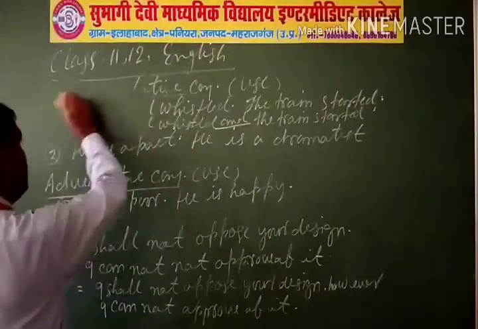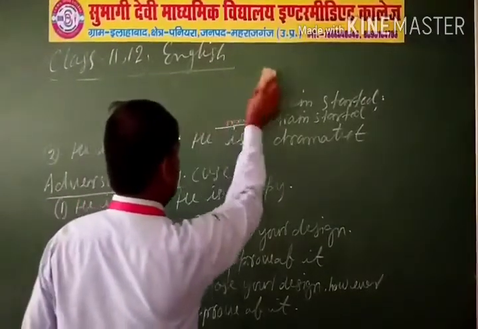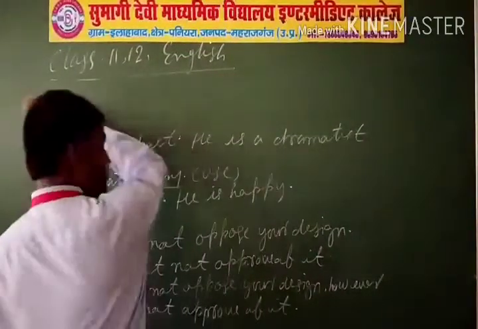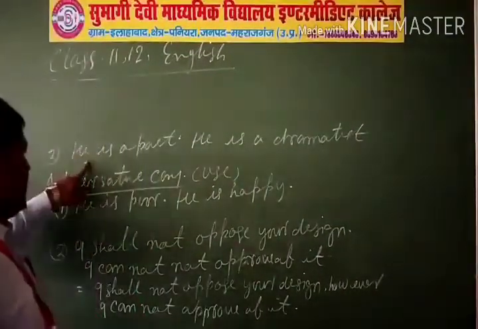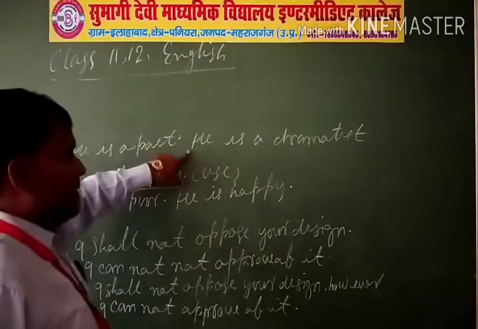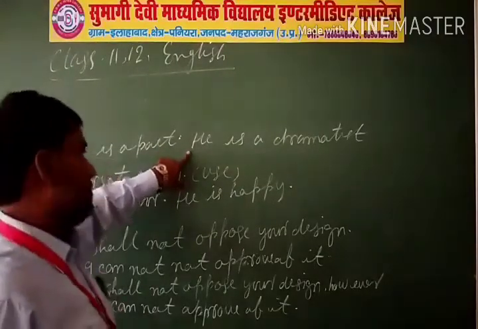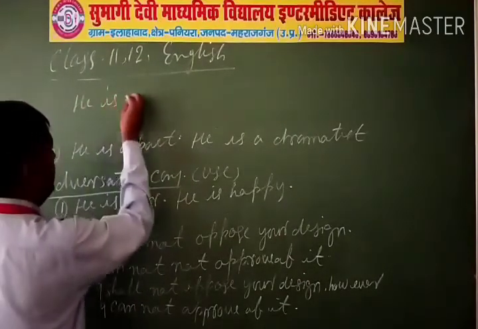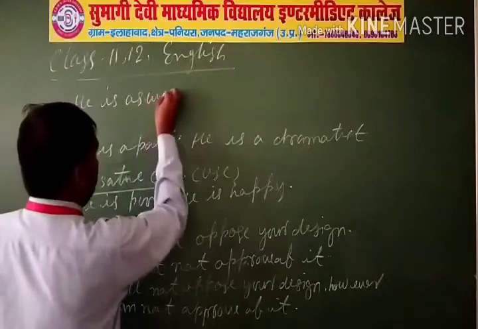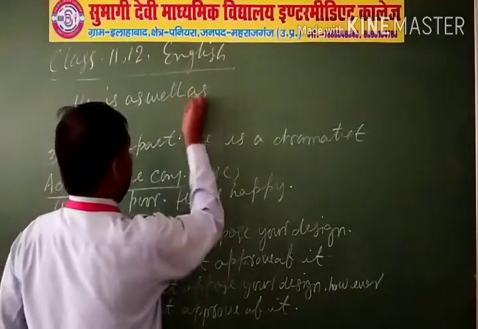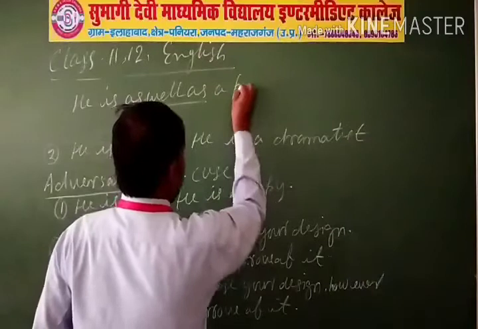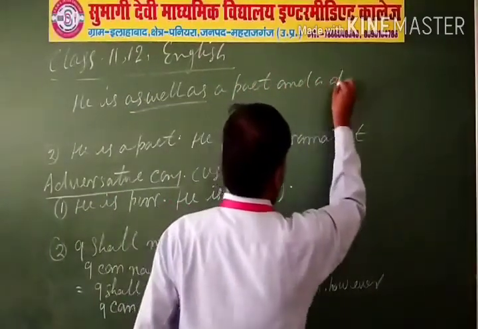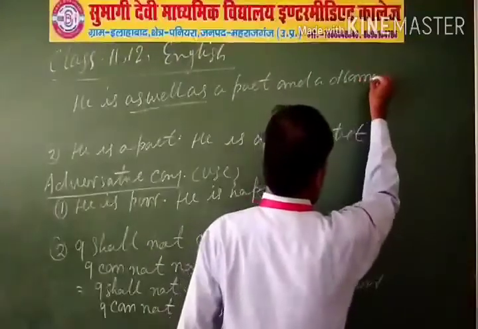The next example: he is a poet, he is a dramatist. He is a poet as well as a dramatist.